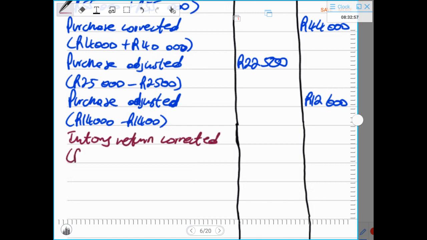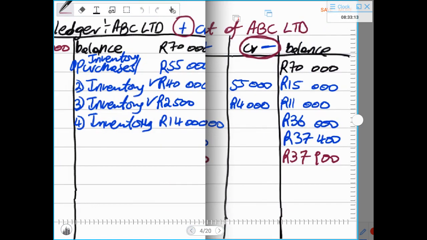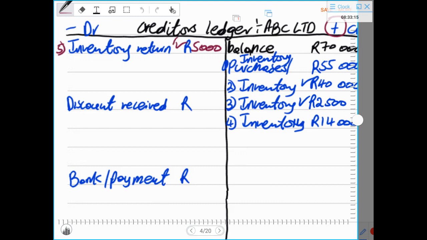Therefore, now we have to record the wrong amount, cancel it on the debit side, and we record the right amount of 5,000 on the right side, which is the debit side. Therefore, the total will be 5,500. Remember, if we return inventory back to the supplier, it's supposed to be on the debit side of the creditor's ledger. So now we take things from our point of view.